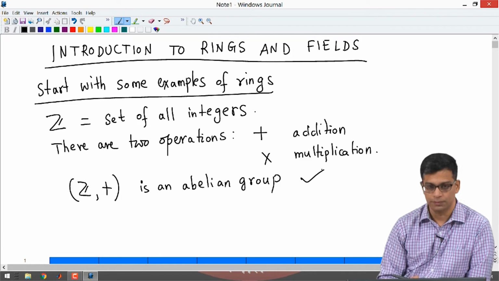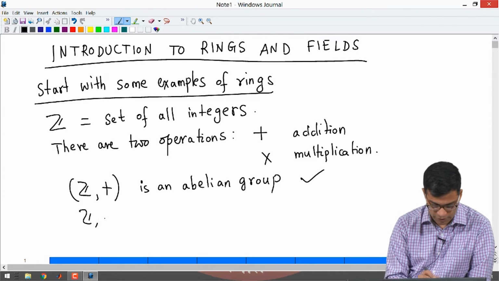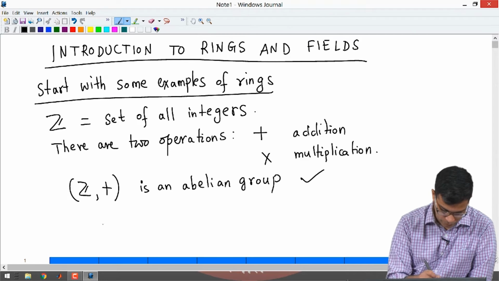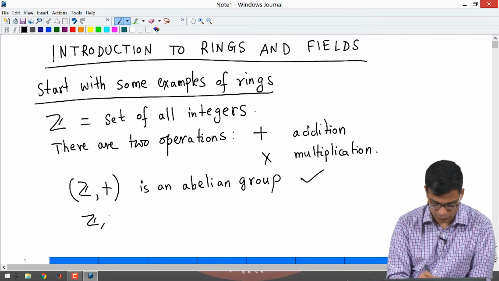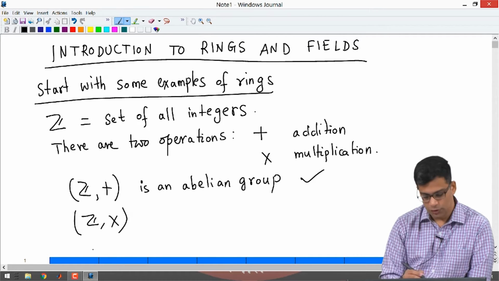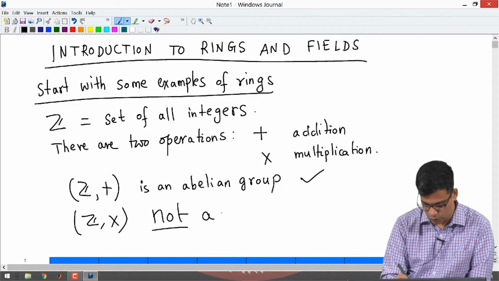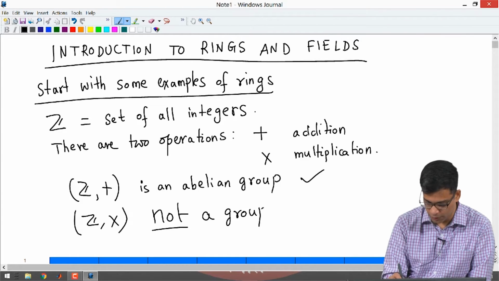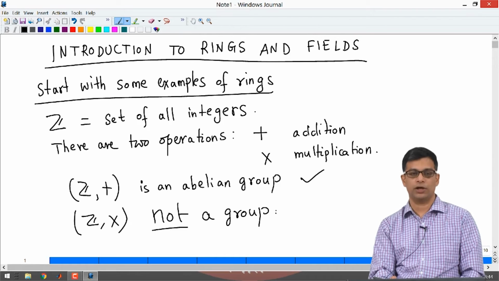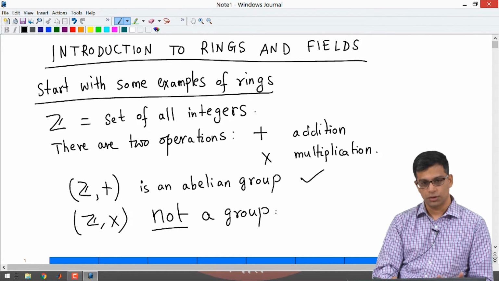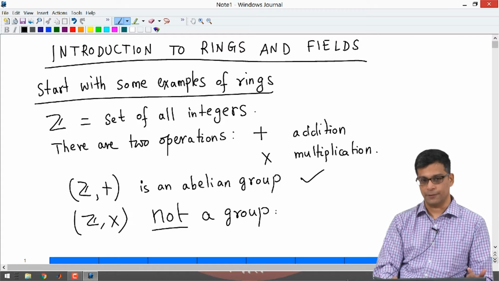This we know. What about the properties of integers under multiplication? Clearly this is not a group. This is also something you would be familiar with. It is certainly closed, but there are no inverses here.